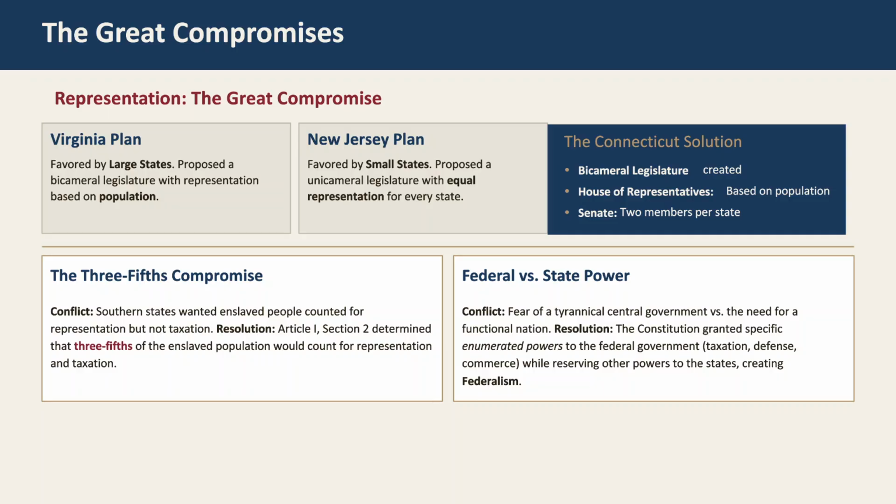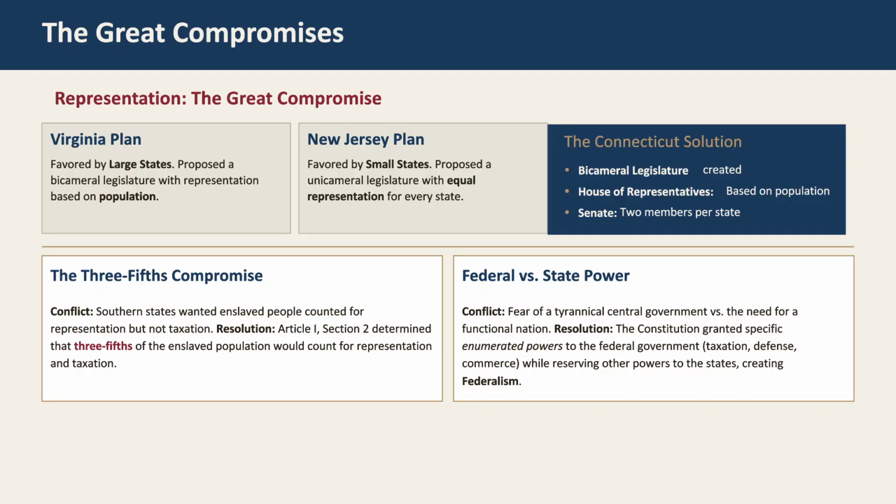Now, to bridge these divides, the delegates created a series of compromises. The first, and the most important, was the Great Compromise, also known as the Connecticut Compromise.